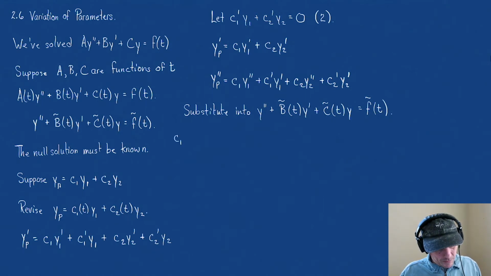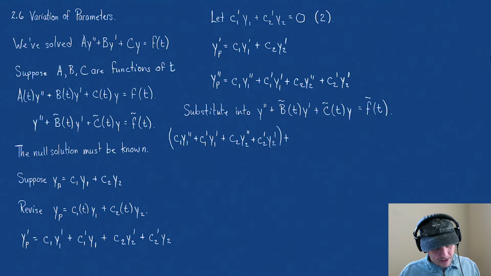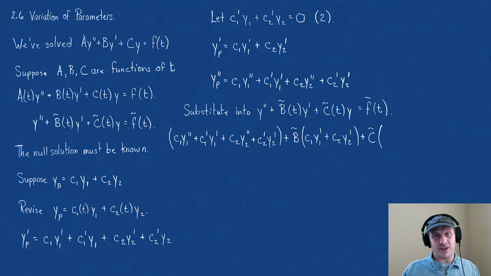So this is c1, and I'll put it in parentheses, y1 double prime plus c1 prime y1 prime plus c2 y2 double prime plus c2 prime y2 prime plus, then we're going to have our b, I'm just going to write it from now on, just b tilde on y particular prime, that's c1 y1 prime plus c2 y2 prime plus, then I have my c constant or function times y particular, which is also just a variation of y null.